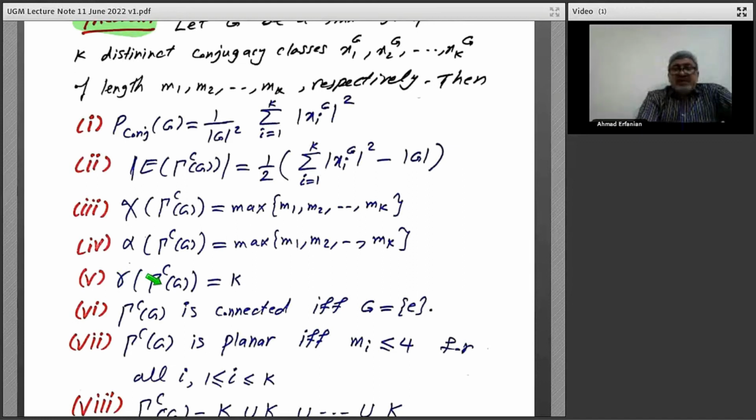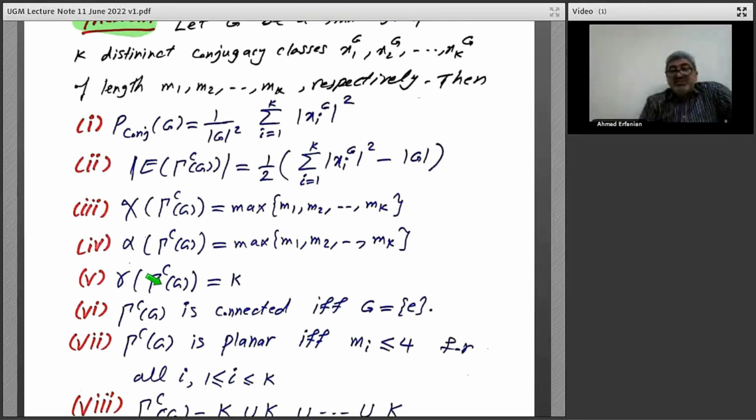The independence number means the biggest size of an independent set. An independent set means a set in which we don't have any edge between the vertices in this set, right? And we have the dominating number. The dominating number is the number of conjugacy classes here.